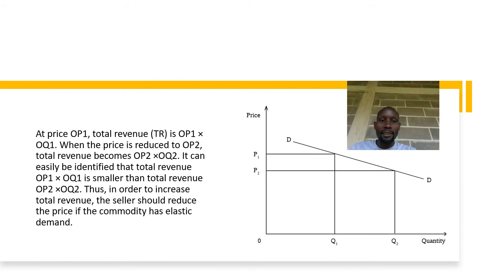When price is reduced to OP2, total revenue becomes OP2 times OQ2. It can easily be identified that total revenue OP1 times OQ1 is smaller than total revenue OP2 times OQ2. Therefore, in order to increase total revenue, the seller should reduce the price if the commodity has elastic demand.